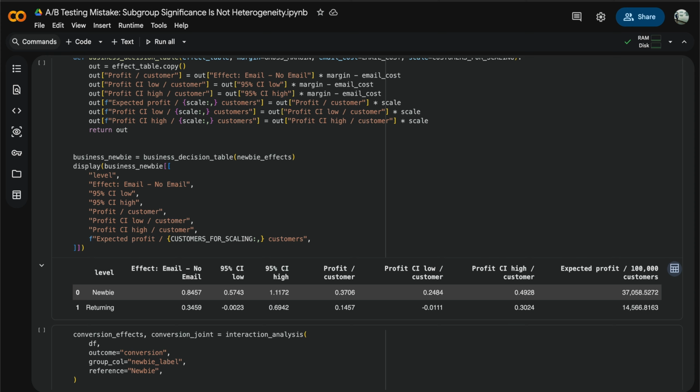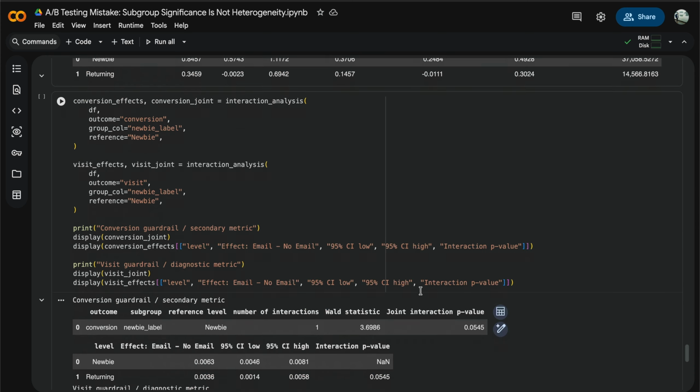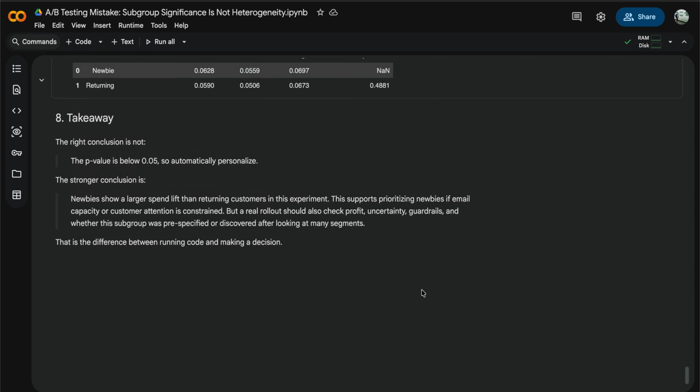So let me wrap up this video quickly. What's the takeaway today? The main takeaway is this: average treatment effects tell us whether something works on average. However, interaction tests help us understand whether it works differently across groups.